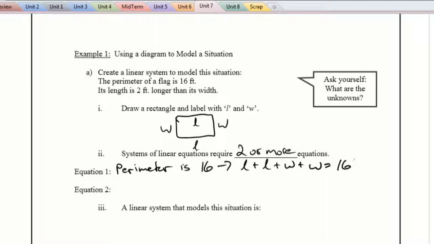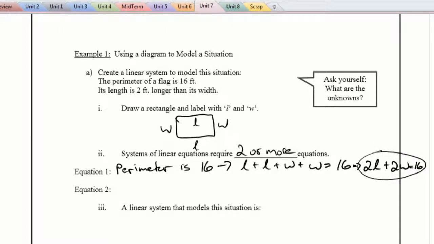Now, writing it like that looks a little goofy. So I'm going to write it as 2 length plus 2 width is equal to 16. These are essentially the same equations. So there's one equation.